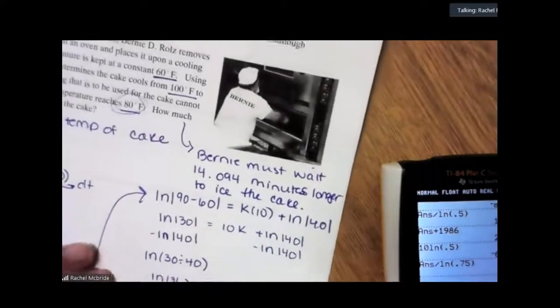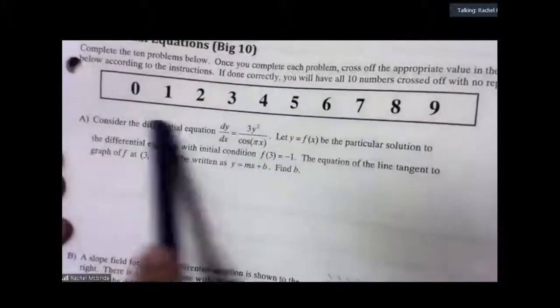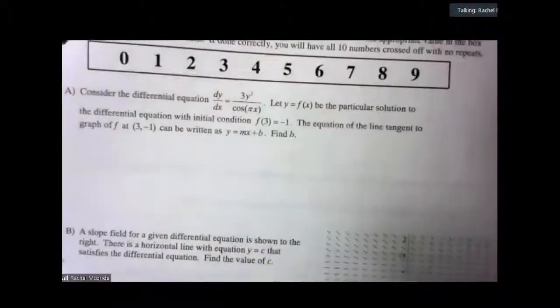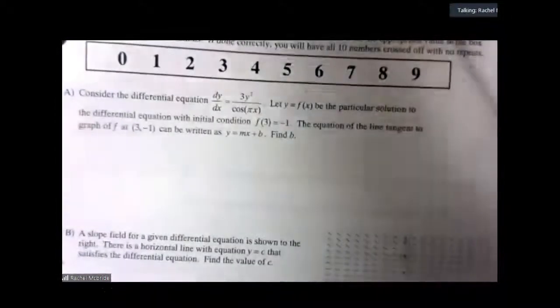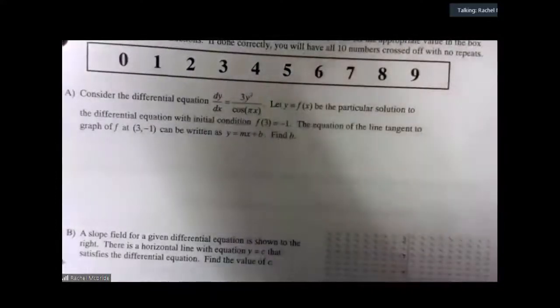Okay, so your homework is a mix of textbook and worksheet. So you are going to do the differential equation Big 10. So that's 10 problems. And then in our textbook, we're going to do a couple problems from this unit. So you're going to go to the end of the chapter.